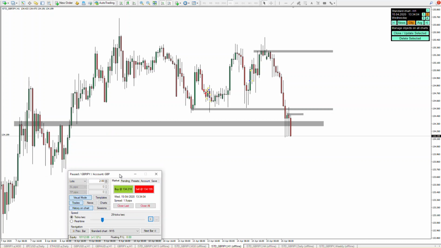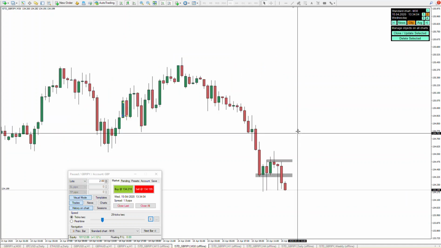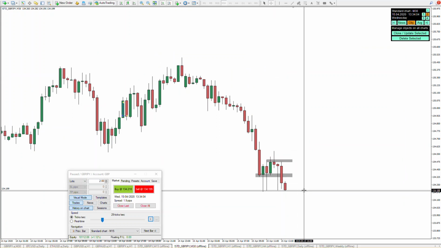On the hourly, we got nice range to go there. Or should we say for now to go there? What's the room? Like 13 pips with a stop like 30 pips.